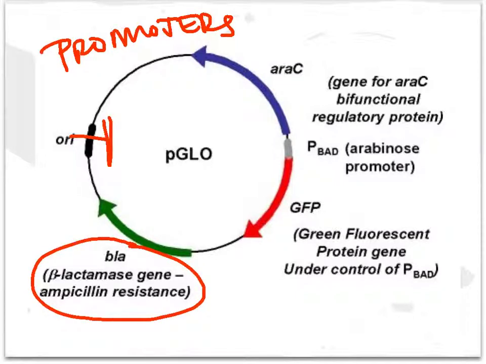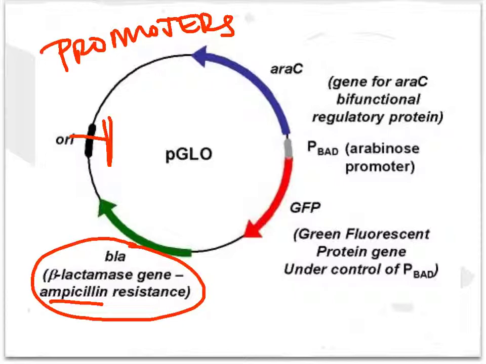Beta-lactamase, as an enzyme, inactivates ampicillin, an antibiotic. So if this protein inactivates ampicillin, it creates an ampicillin resistance for the bacteria that have this plasmid. That's going to be really important.